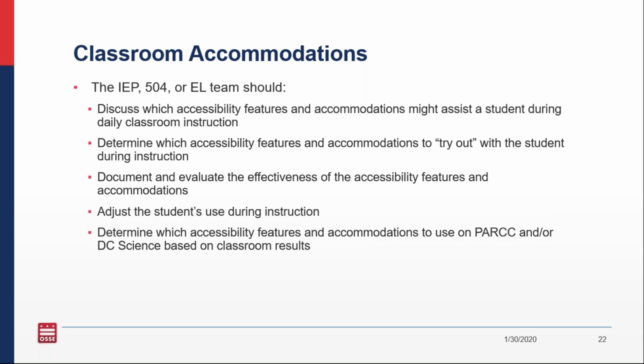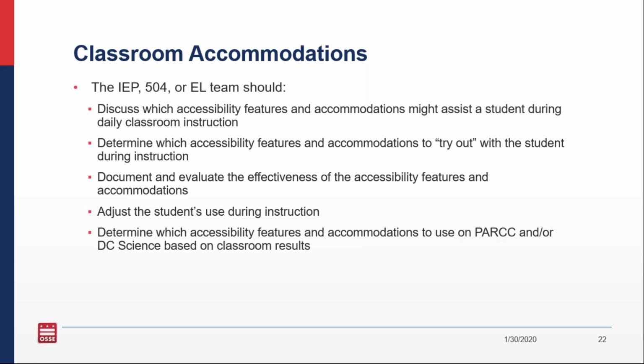If a student has a new accommodation introduced, the teachers, IEP team, and any related service provider should use a type of evaluation system to monitor the student's progress, with at least a 60-day trial period to see if the accommodation is actually effective. If not, again, reconvene a meeting to amend the IEP to try new accommodations.